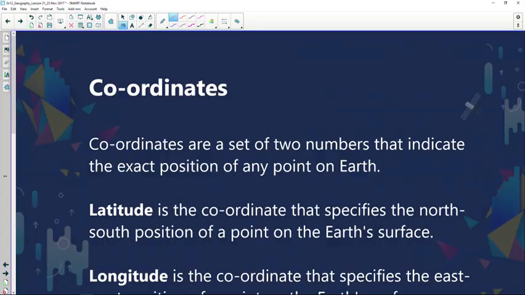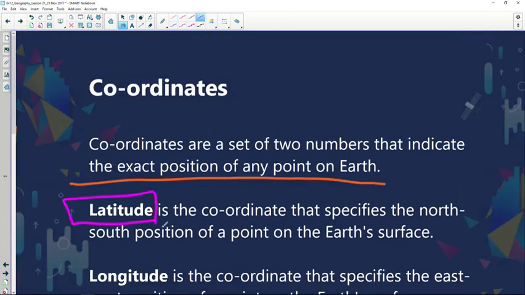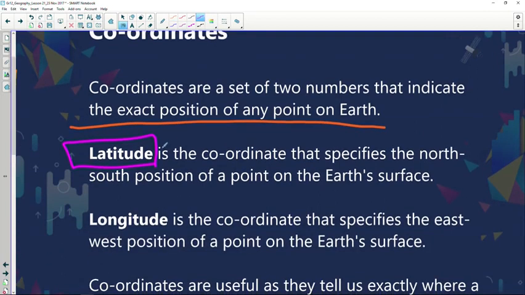Now, first of all, coordinates are a set of two numbers that point to the exact position on the Earth's surface. Coordinates consist of lines of latitude. These are the horizontal lines.